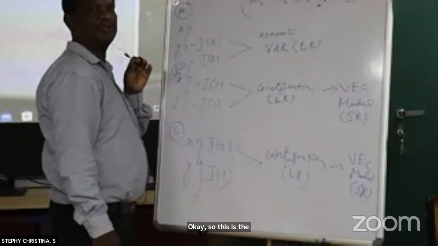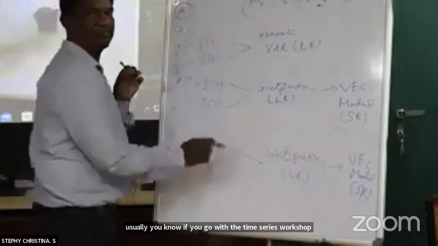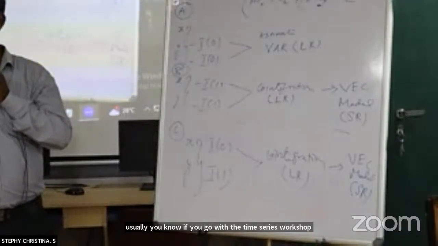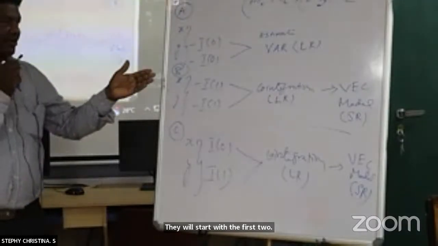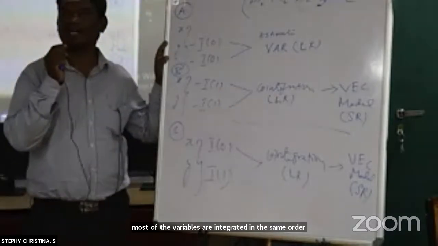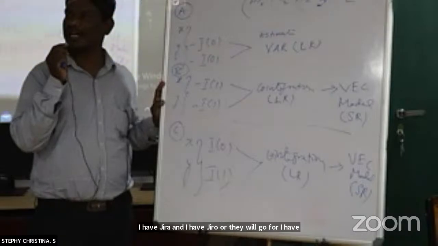Usually, if you go to a time series workshop, they will start with the first two, because most of the variables are integrated in the same order. Either I(0) and I(0), or I(1) and I(1).